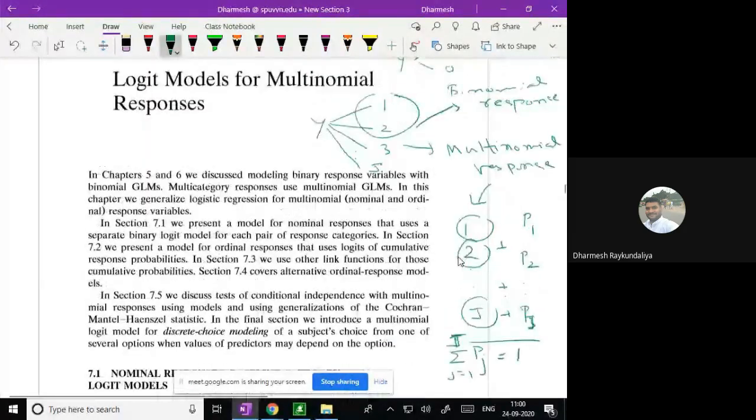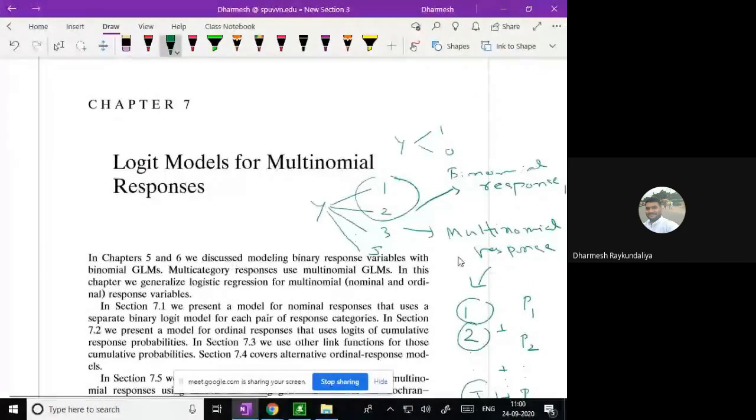Okay, so if you remember, in a binary logistic regression, we have written ln pi upon 1 minus pi. If it is only one regressor, then in this way. So how many equations do we have? Only one.